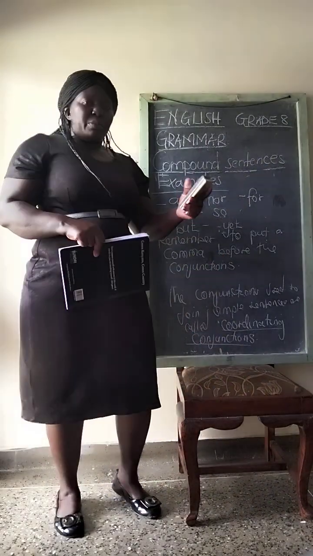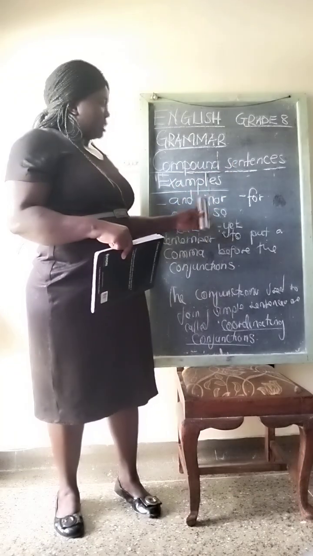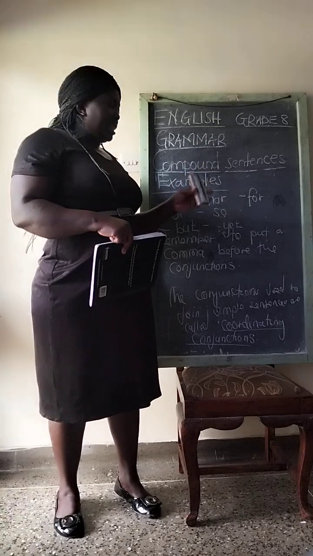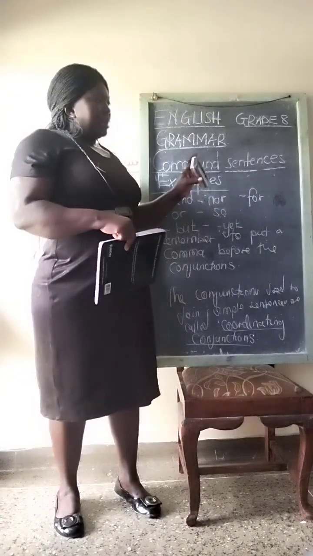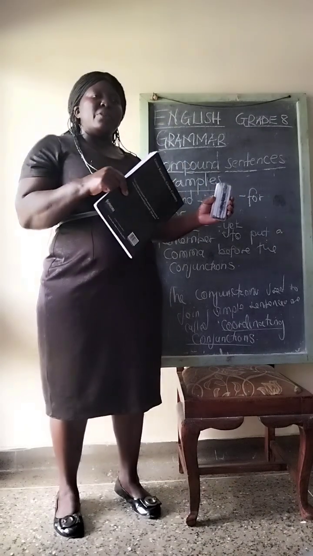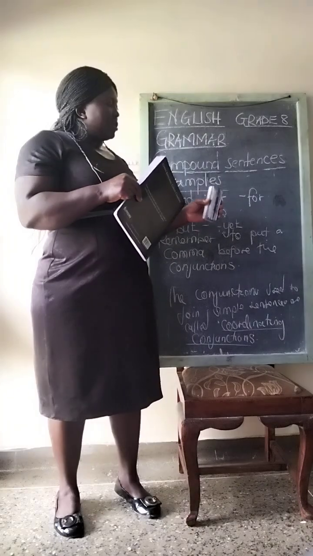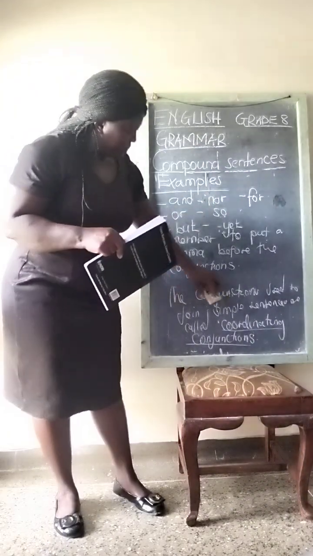Now, let us give examples of two simple sentences and then we join them together using these conjunctions. But when we are joining these sentences, we also have to consider, do these sentences add additional information, or is there a contrasting idea? So that you choose the conjunctions appropriately.